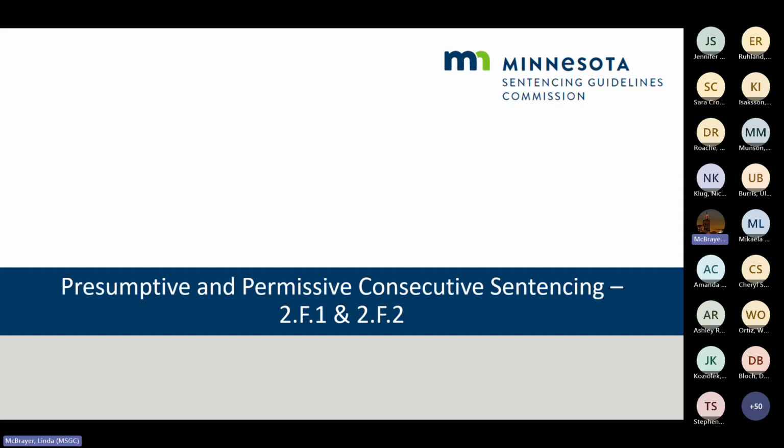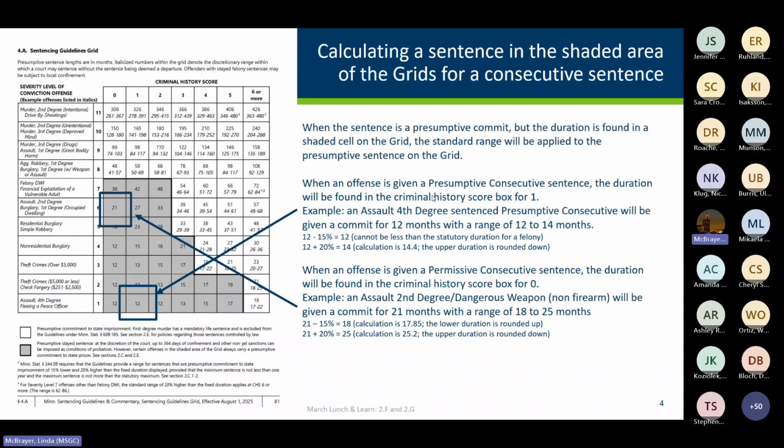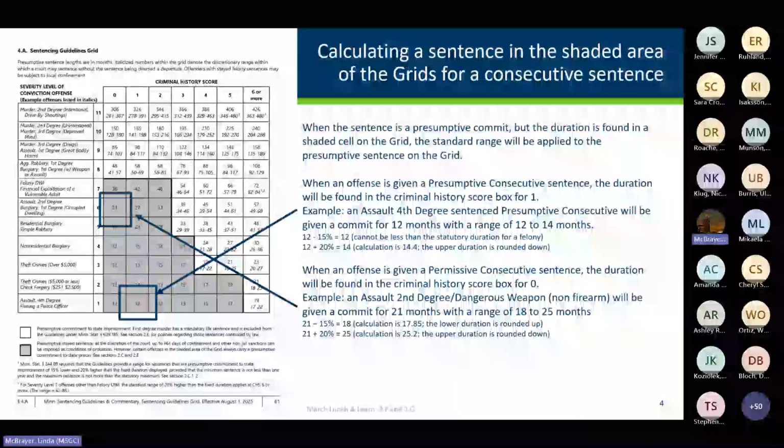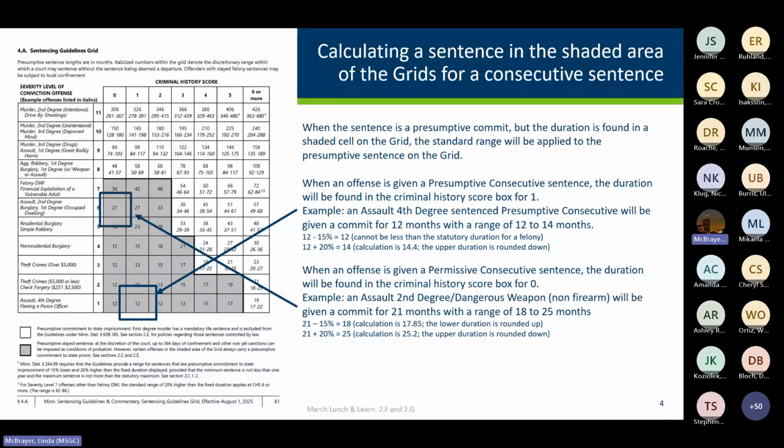So presumptive is committed under very specific circumstances. Permissive consecutive is a little broader. But whenever we do a presumptive or a permissive consecutive sentence, and actually anytime we have any kind of a modifier that is going to make the presumptive sentence a commit, wherever they fall on the grid for the duration, it won't matter if it's a shaded cell or a non-shaded cell. The disposition is a commit.